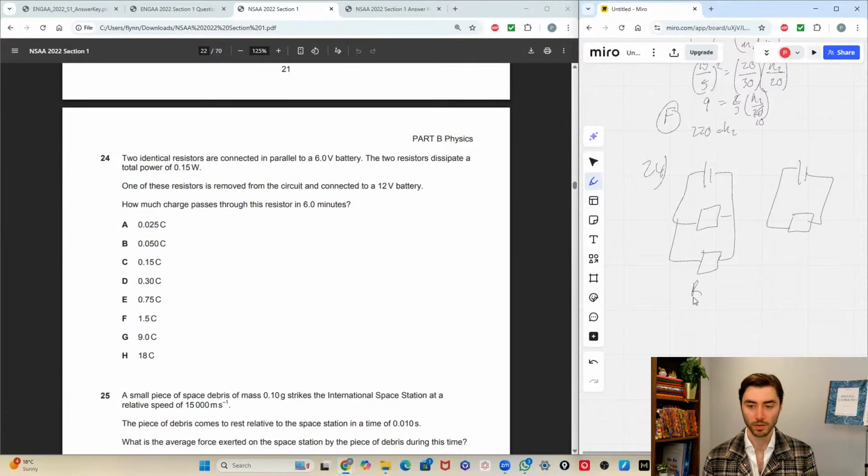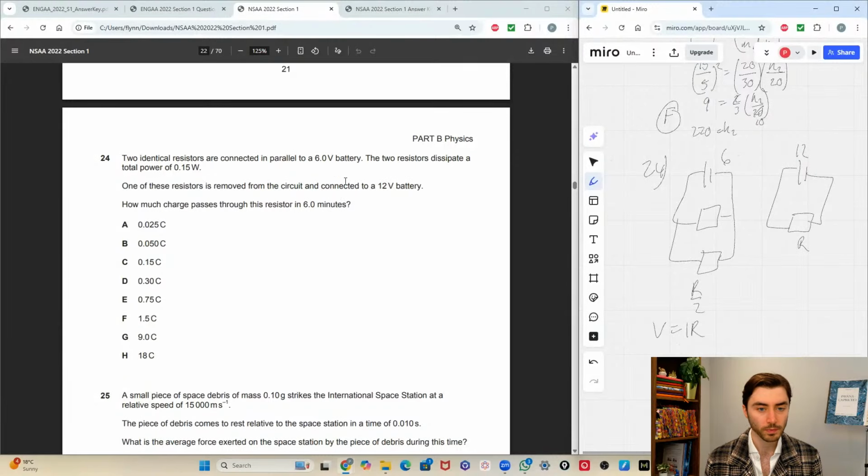So this has R over 2 equivalent with 6 volts, and this has 12 volts with the equivalent of R. So V equals IR. They have the same current, because V over R is the same. The V doubles and R doubles. So they have the same current.